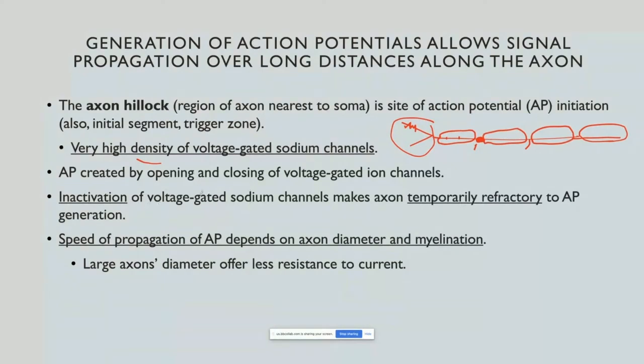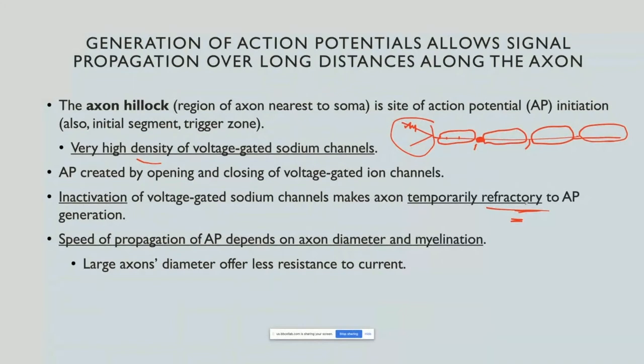When we inactivate these channels, we are going to get something called the refractory period, which we are going to see in a while. And we are going to see the importance of these refractory periods for the proper control of nervous system activity and the transmission of signals throughout the body to different effectors.